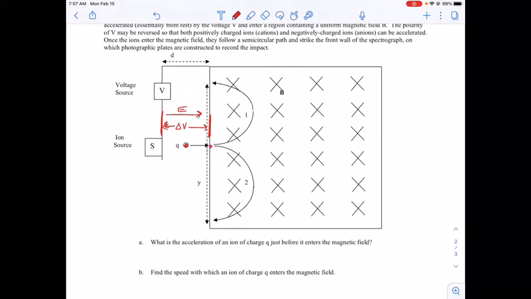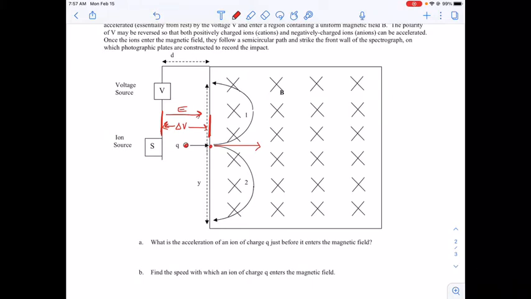They will accelerate until they get to this point where they enter a magnetic field, and when they enter the magnetic field, they have a velocity, and then we would use either the right-hand rule or the left-hand rule to determine whether they curve to the left or the right.